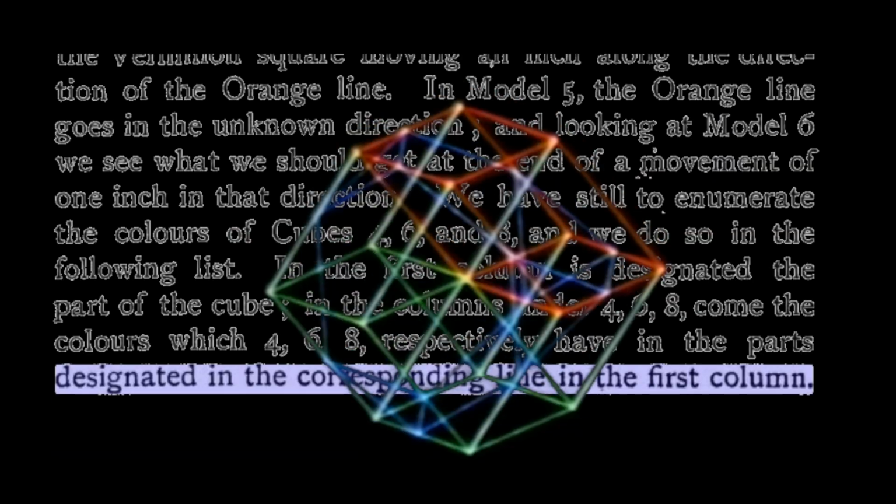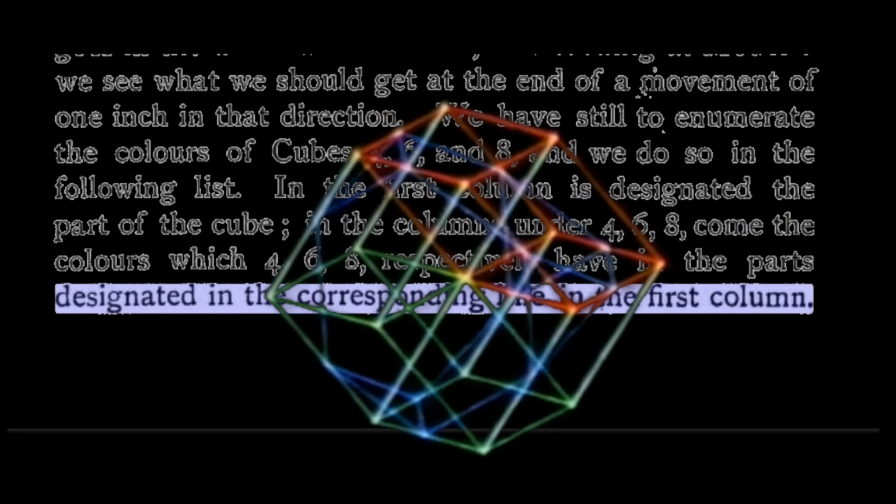We have still to enumerate the colors of cubes 4, 6, and 8, and we do so in the following list. In the first column is designated the part of the cube. In the columns under 4, 6, 8 come the colors which 4, 6, 8 respectively have in the parts designated in the corresponding line in the first column.